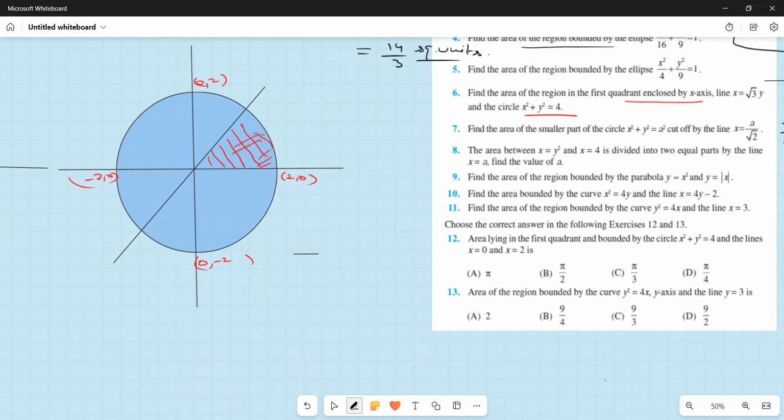Right now, we need this area. Now, this area is again divided into two partitions.